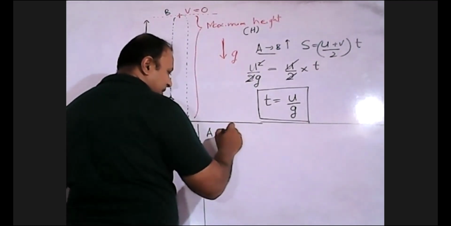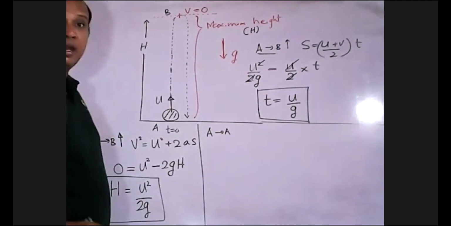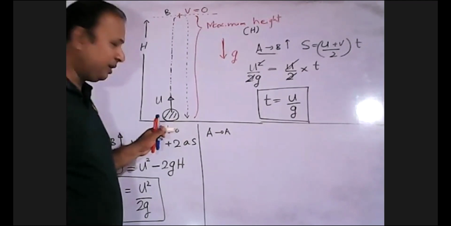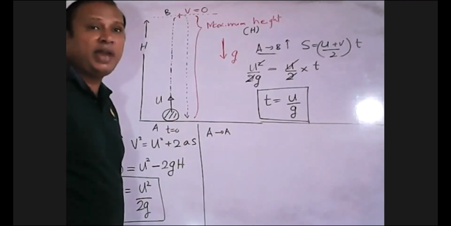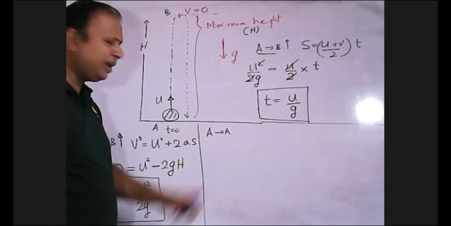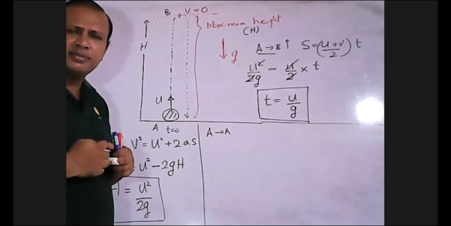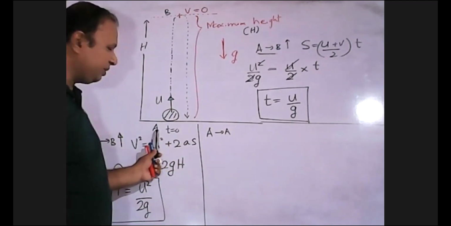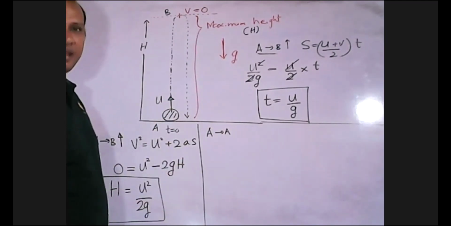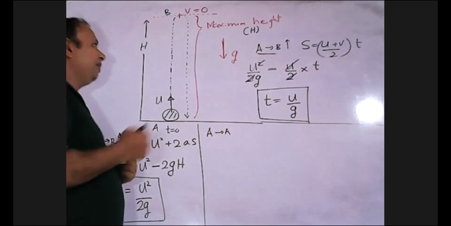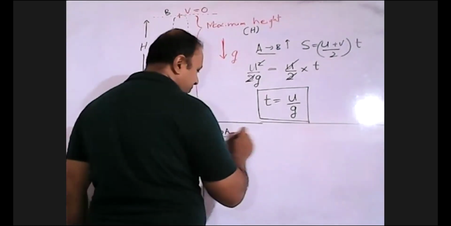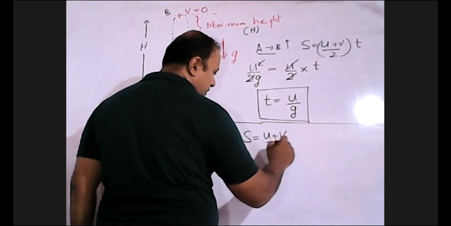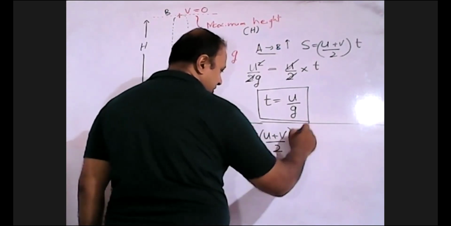I will use an equation from A to A. That means my starting point A and end point also A. I'm going to use s is equal to (u plus v) over 2 times t.